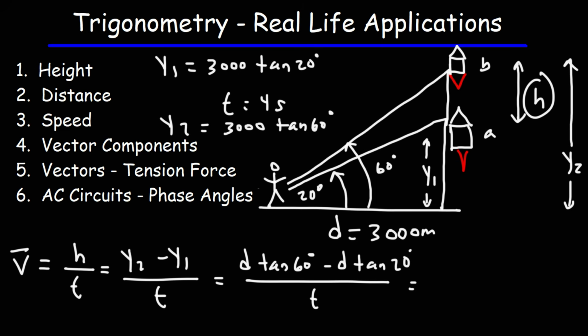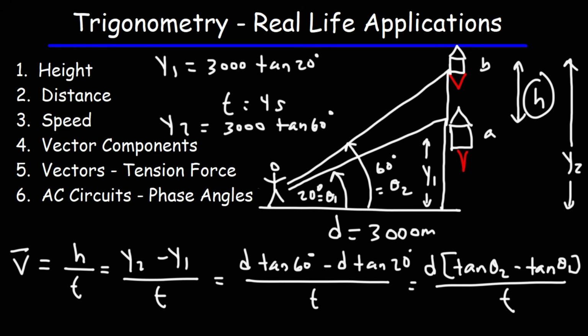So we can write a generic equation. Let's make the 60-degree angle theta 2 and the 20-degree angle theta 1. And let's factor out d. So this is going to be d times tangent theta 2 minus tangent theta 1, over t.